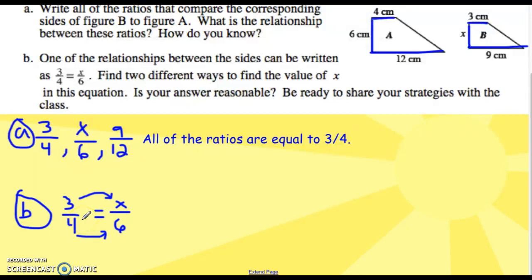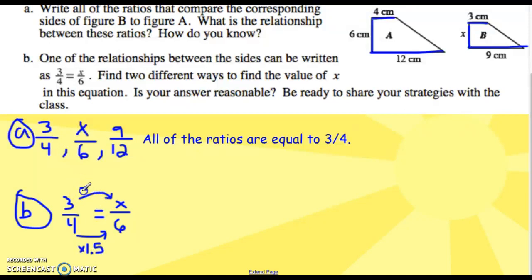So the way you find the common multiplier is you do 6 divided by 4. So if you do that on your calculator, 6 divided by 4 would be 1.5. So 4 times 1.5 will give me 6.